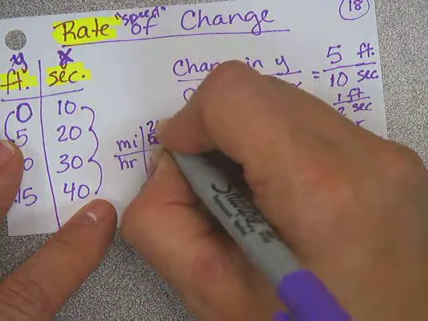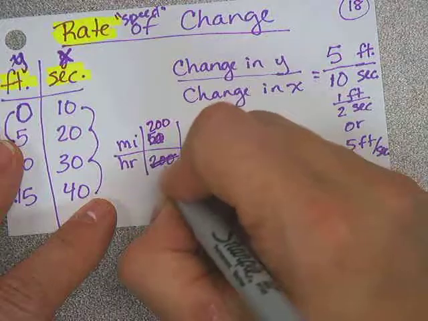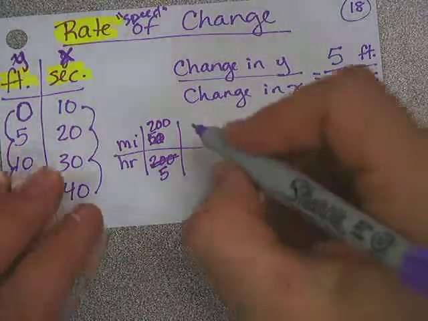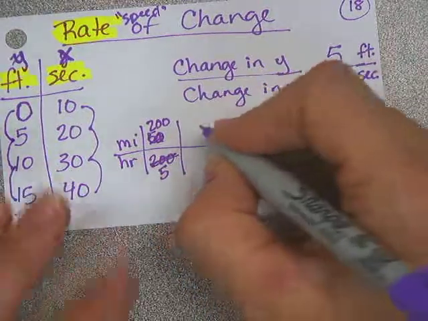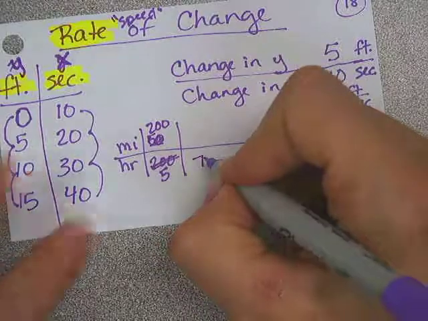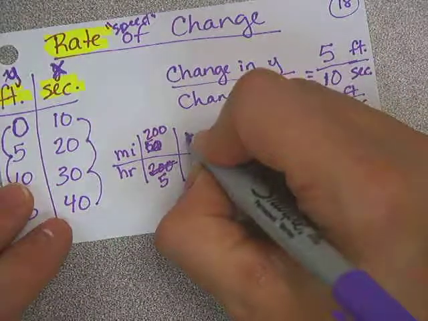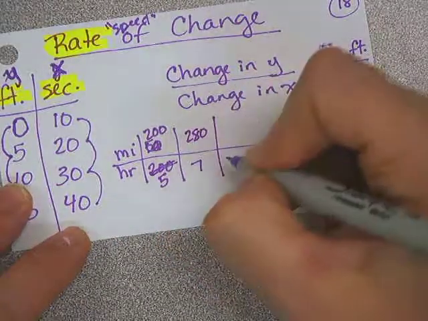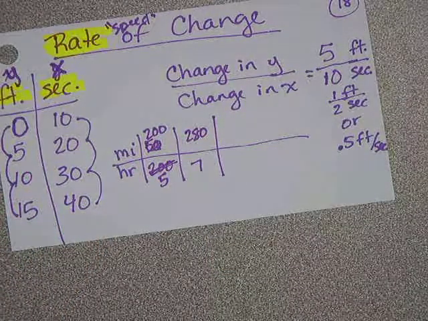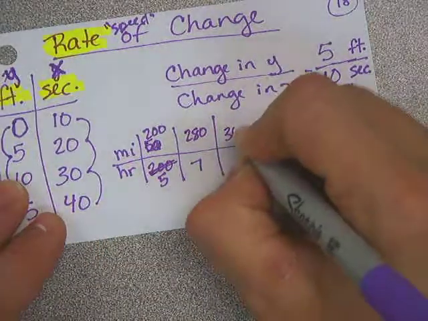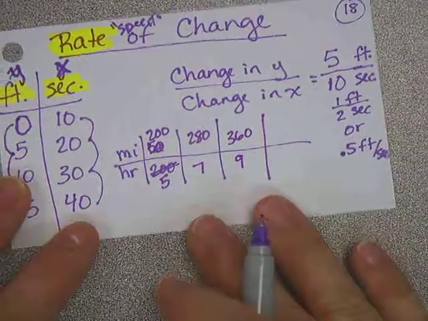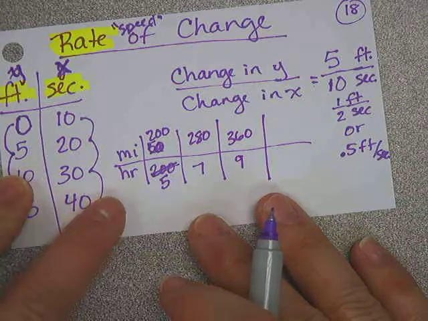So I'm going to flip-flop these. 200 miles in 5 hours. I'm going to do 280 miles in 7 hours. 360 miles in 9 hours.